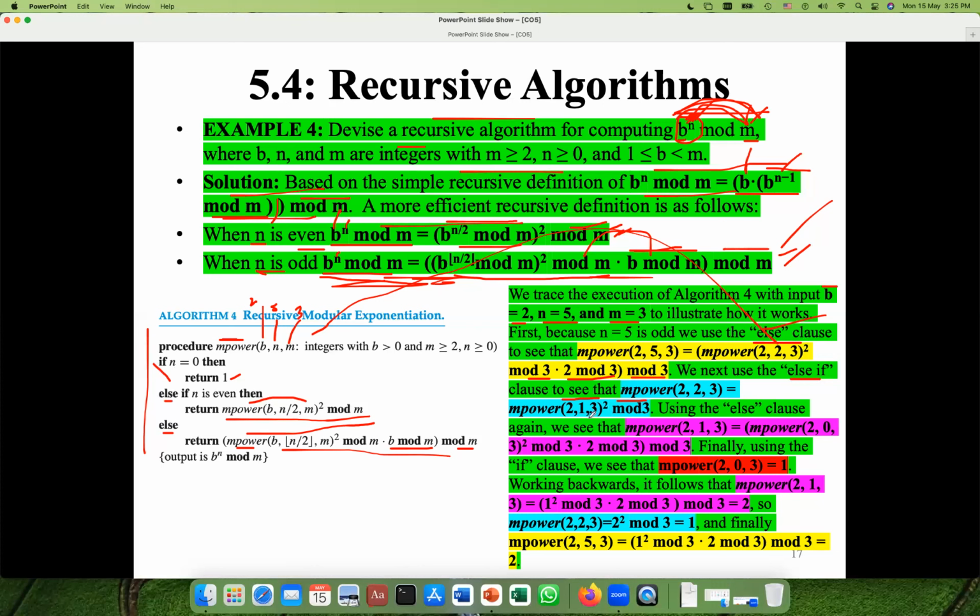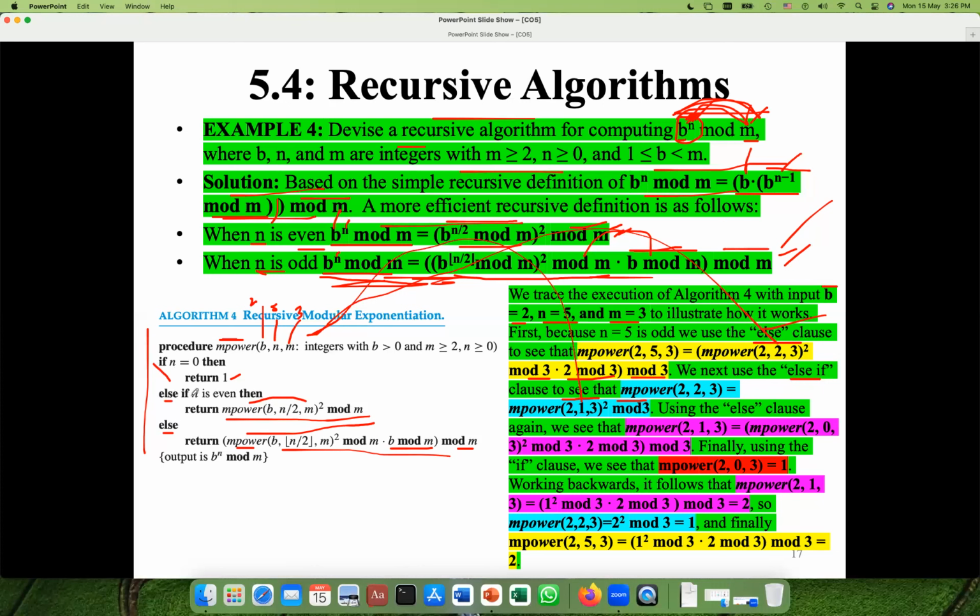Anyhow, so 2, 1, 3, we are here, and the color is blue. So I am calling this M power again with the values 2, 1, 3. Now N is 1. Is N equal to 0?